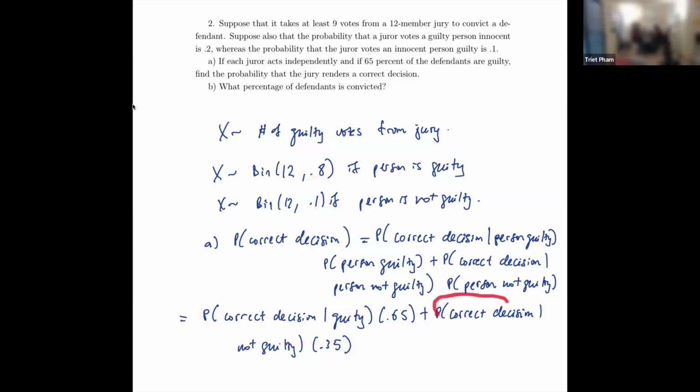Similarly, how do we calculate the probability that the decision is correct if a person is not guilty?